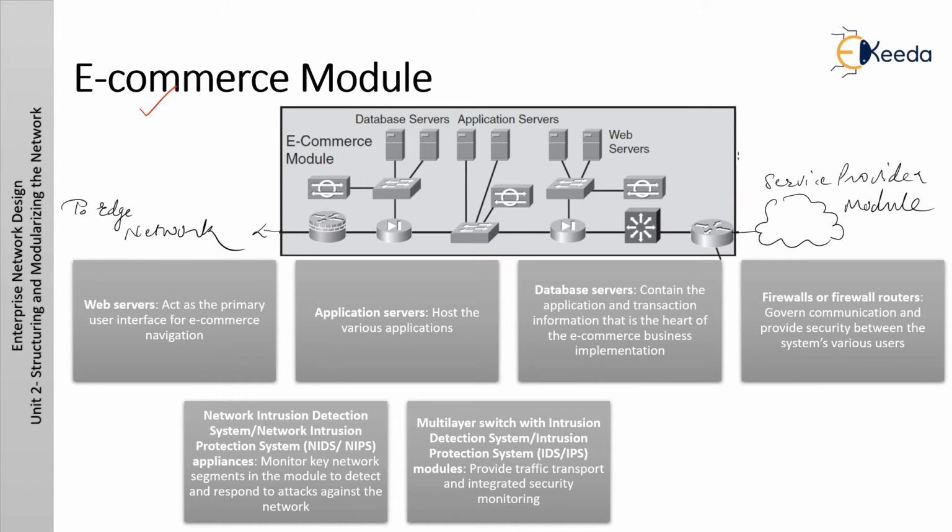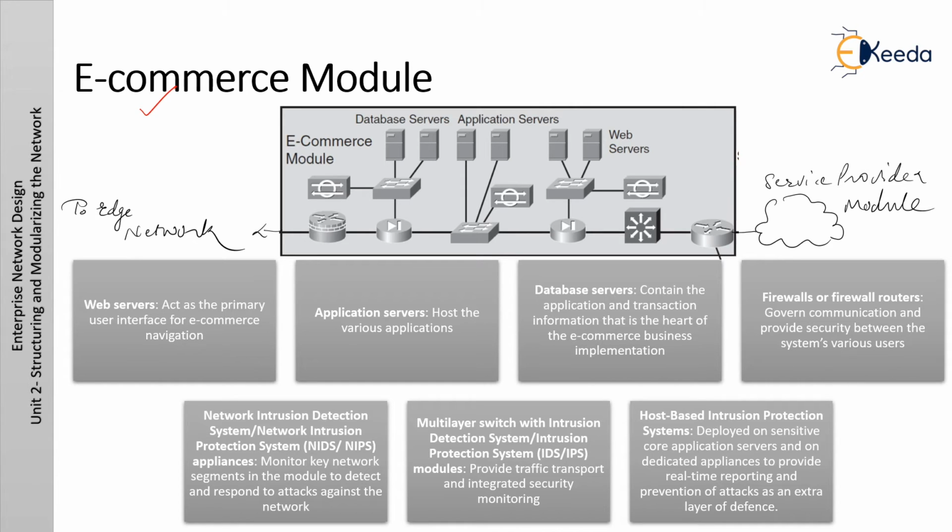Multi-layer switches with IDS or IPS modules provide traffic transport and integrated security monitoring. HIDS, host-based intrusion protection system, is deployed on sensitive core application servers and on dedicated applications to provide real-time reporting and prevention of attacks as an extra layer of defense.